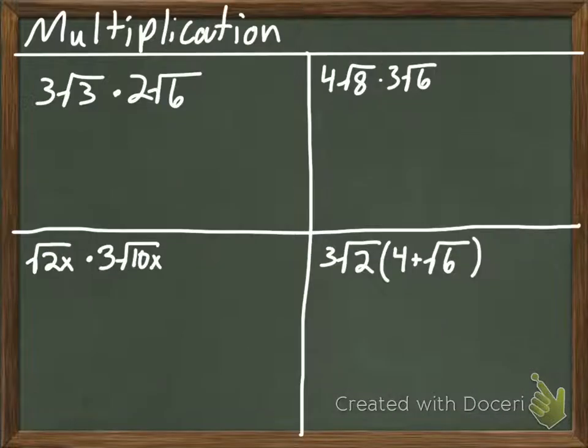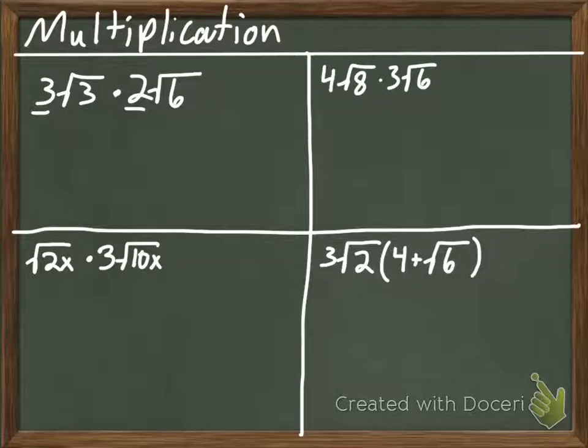And let's move on to multiplication. I find multiplication is actually easier than addition and subtraction, and it's definitely a bit easier than division. When we multiply, we don't care what the square root is, how big it is, how small it is, if it's the same or different, we just get to multiply. When you multiply the outside, then you multiply what's on the inside.